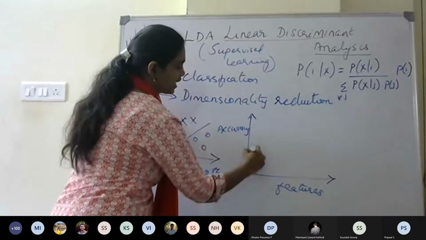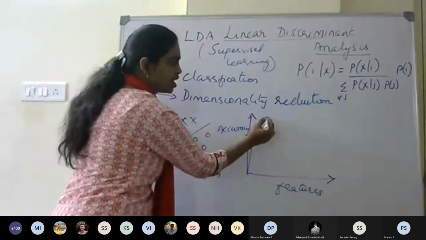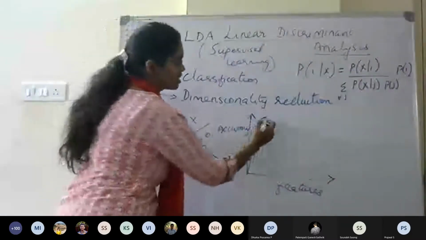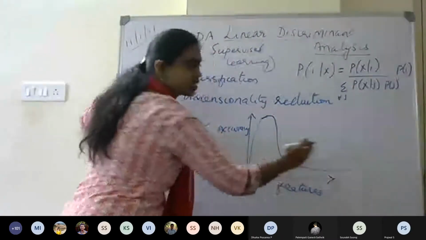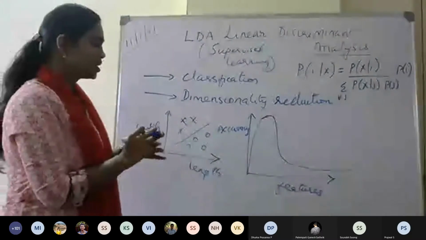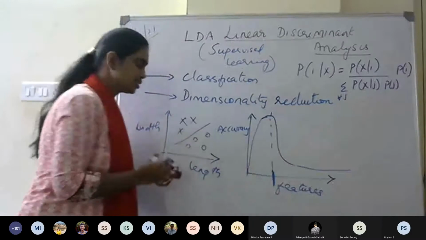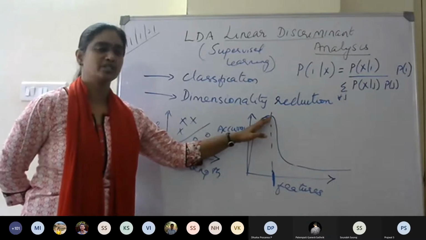Initially, if I have a smaller number of features, my accuracy will be higher. Less, in a sense, I am referring to an optimum number of features, say 2 or 3 features. When I increase the number of features, the classification accuracy can gradually reduce. So I need to select the optimum number of features. How many features are good enough or sufficient for getting a high accuracy?